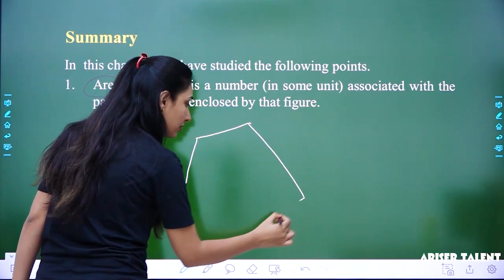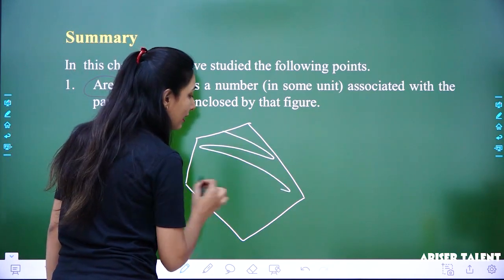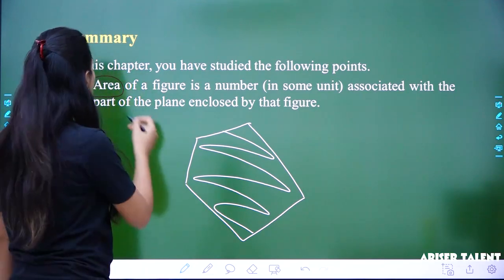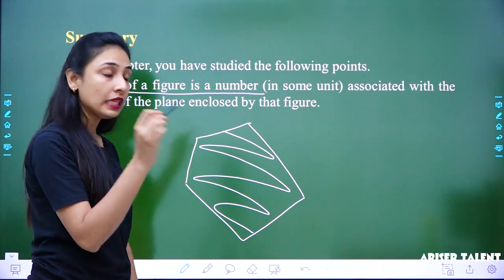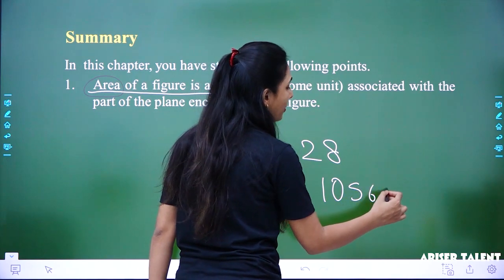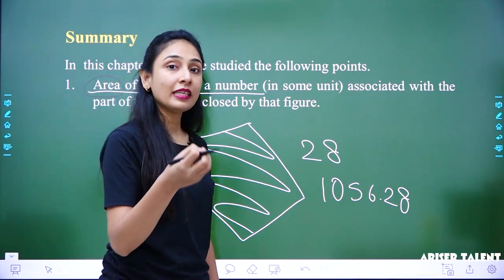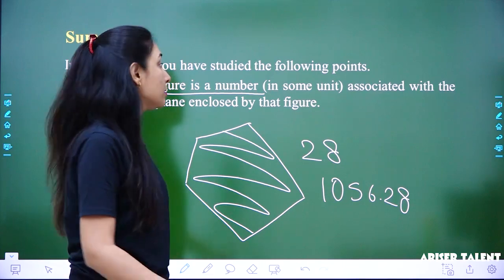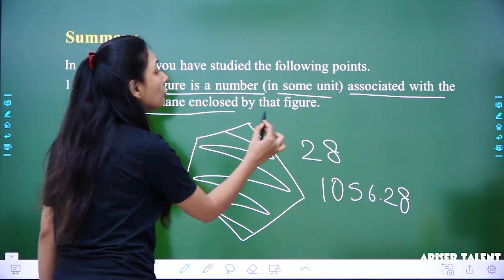If these are the lines confining a region, then this particular closed region is the area. The area of a figure is a number in some units, like 28, or let's suppose 1056.28, in some units, maybe any unit like centimeter or meter, but that should be in square units, associated with the part of the plane enclosed by the figure.